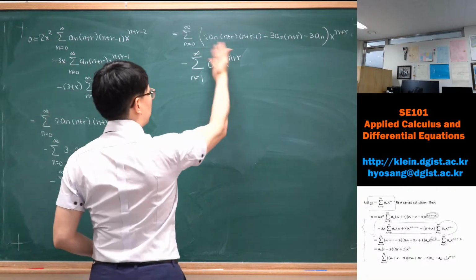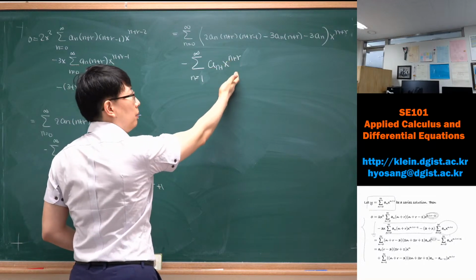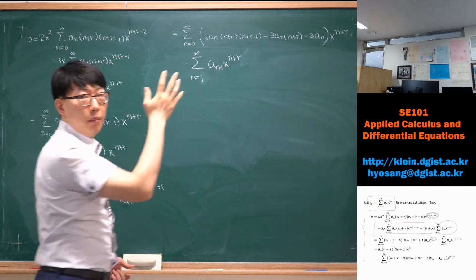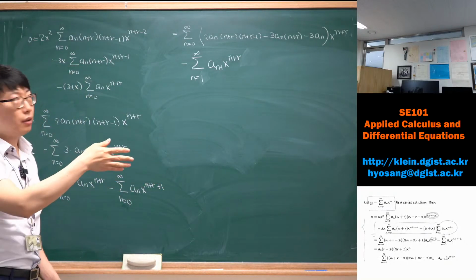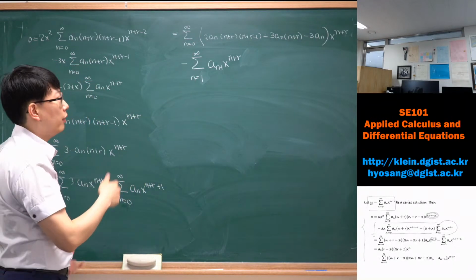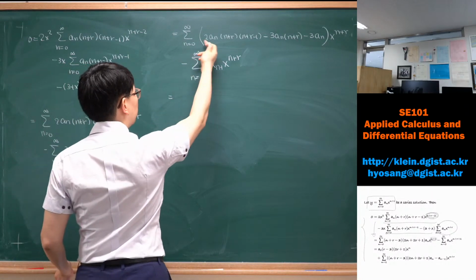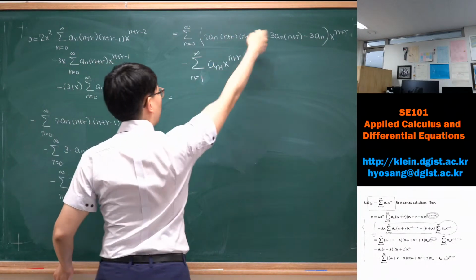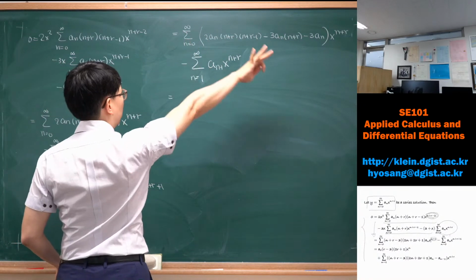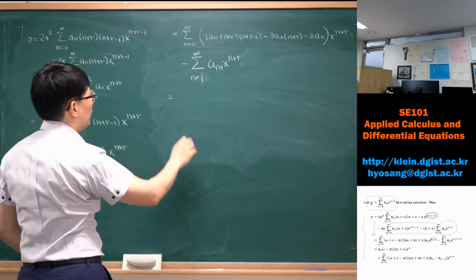So now let's compare these two sums. The exponents are the same. Here we have exponent n plus r, but the starting point is different. This starts from n equals 0, and this starts from n equals 1. So I'm going to take the first term when n equals 0 of the first sum out, and then combine the rest of the terms when n is bigger than or equal to 1 as one sum.